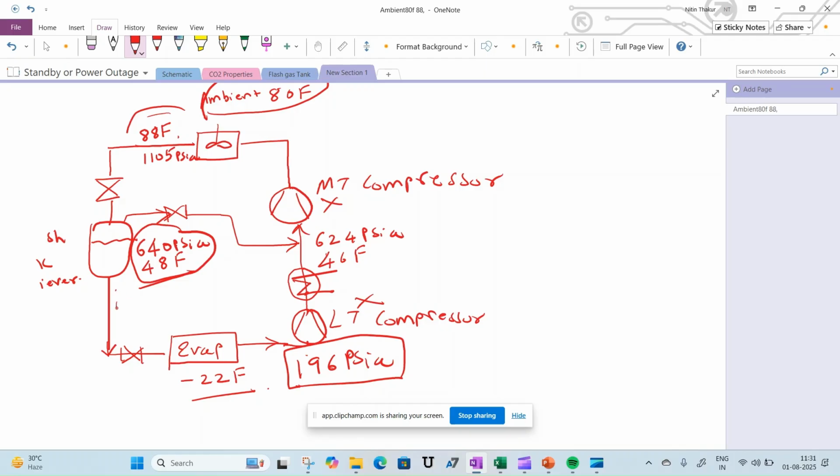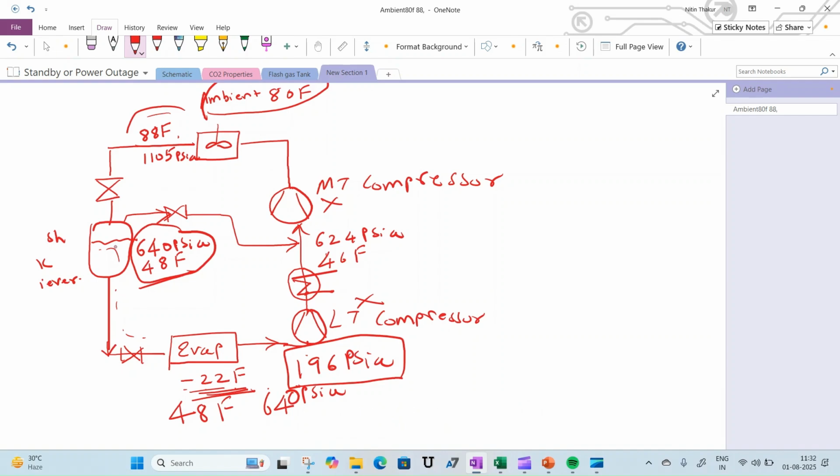And let's say, since this is the accumulated, even this gets heated up easily to 48 degrees Fahrenheit now. So the pressure will keep on rising to like 640 psia. Now what happens?